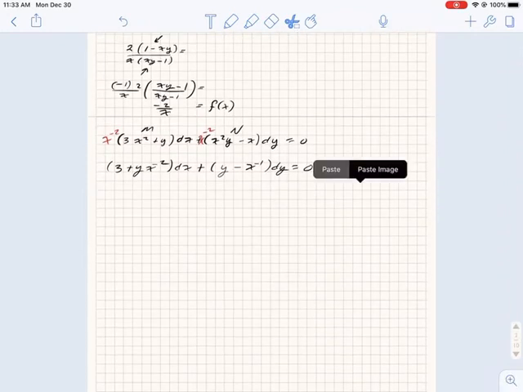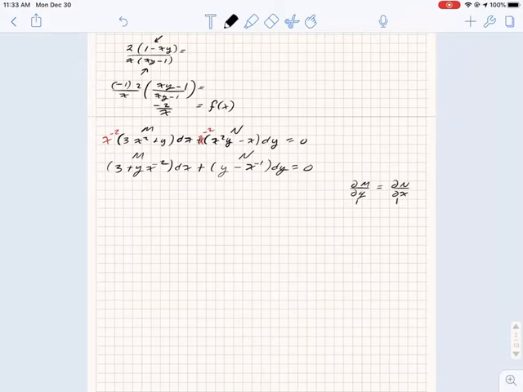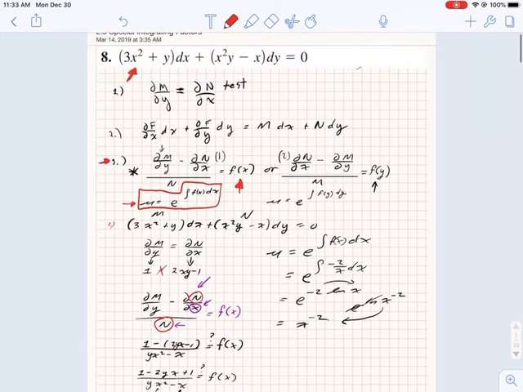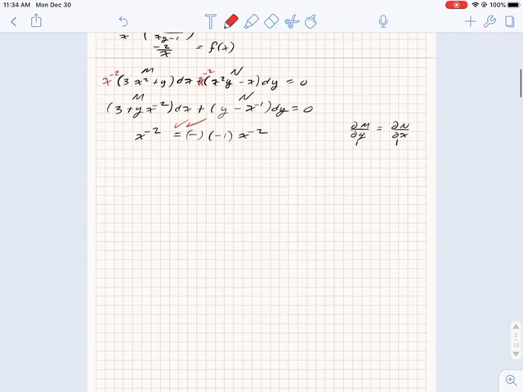So let's use this first equation test by saying that this is m and this is n, and we take the partial derivative of m with respect to y, we'll obtain negative 1 x to the minus 2, and now it satisfies the test to see that this new differential equation is exact.